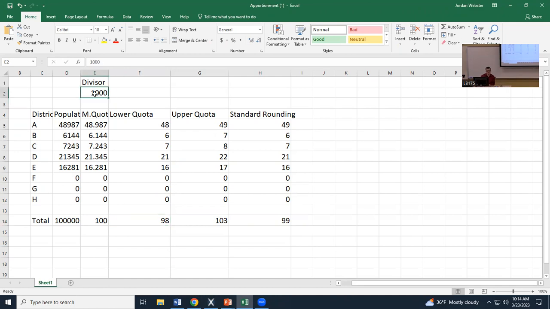So I start lowering it. Let's go to 975. Boom, 975 works perfectly. All right. So we use a divisor of 975.